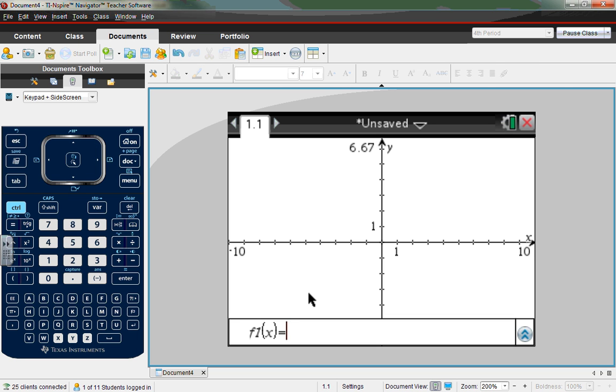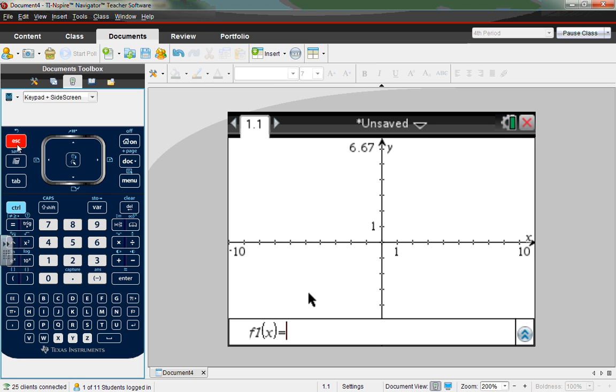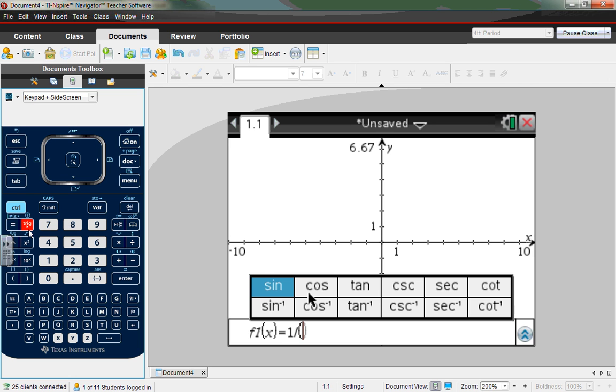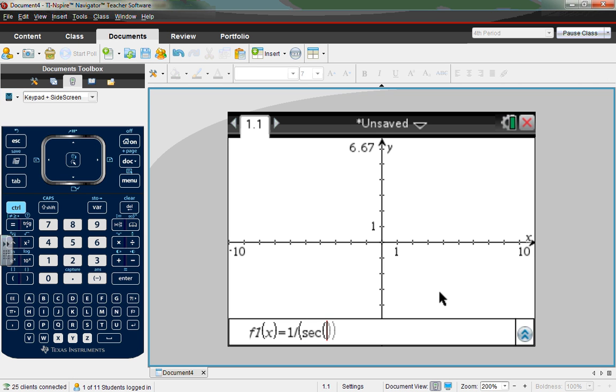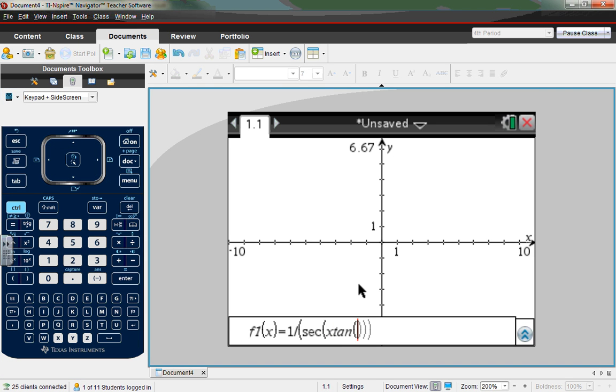Okay, the first function was what? 11. 1 over secant of x, change to x, times tan of x.